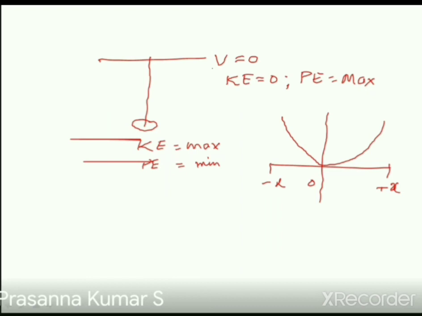So this is plus x and this is minus x. You look at this, kinetic energy is 0 at plus x. So this is potential energy.